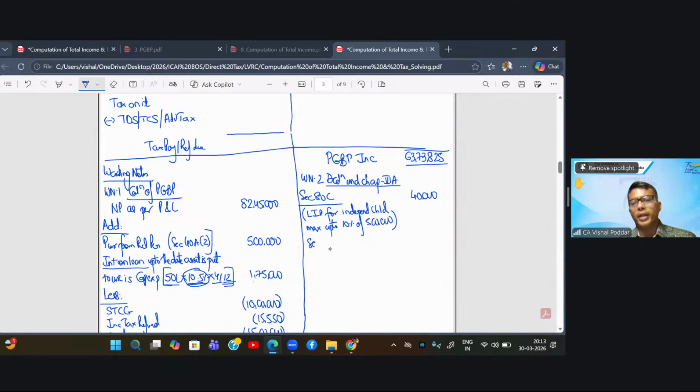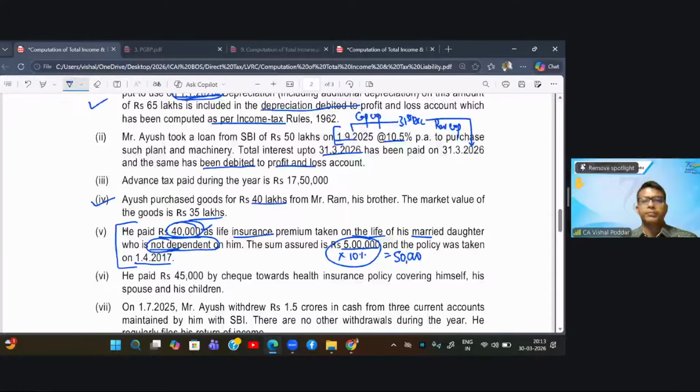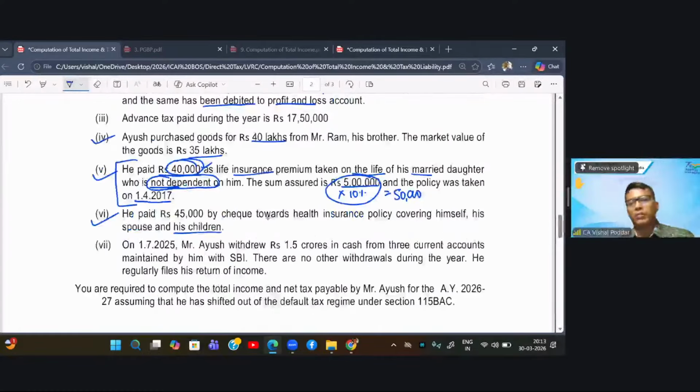Now we come to 80D. This is for medical insurance premium for self, spouse, and dependent children. So we come to the second point. Now here there is one small issue. They have said his children. Which children?